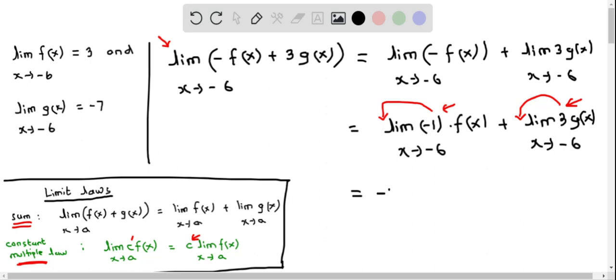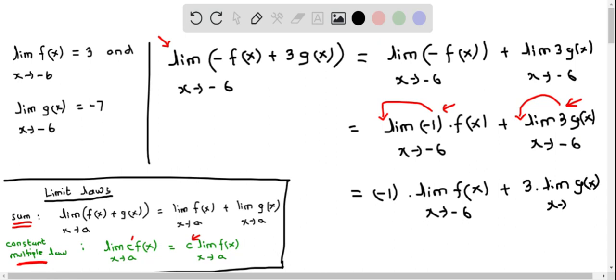So I'm going to put this as negative 1 times the limit of f of x, x approaches negative 6, plus I put the 3 in front and then multiply with the limit of g of x, x approaches negative 6.